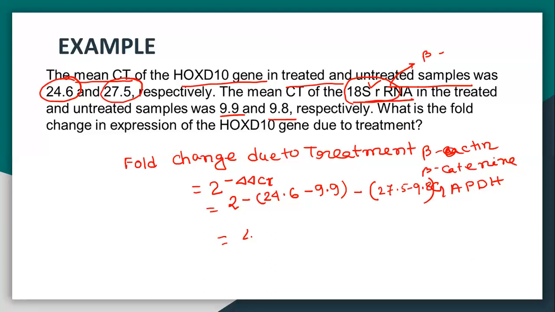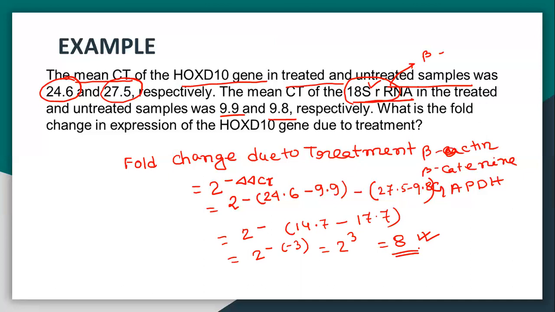So here we get 2 to the power minus, it will come 14.7 minus 17.7, which is minus 3. So 2 to the power 3 equals 8. So due to treatment, the fold change is 8 times.